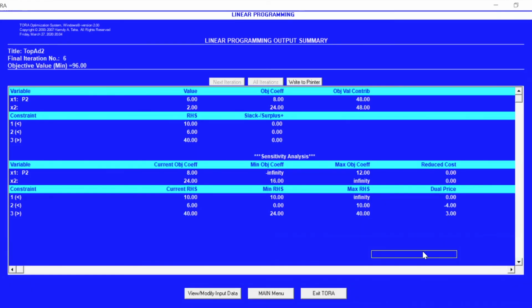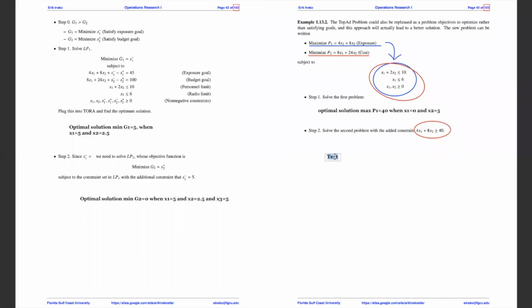So now we got that the minimum cost would be 96,000, which is much better than the 100,000 we got before. We can reach this when we have 6 minutes of radio, which is x1, and 2 minutes of TV commercials, which was our x2.